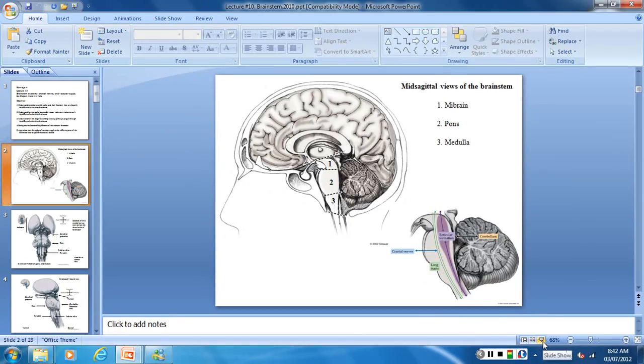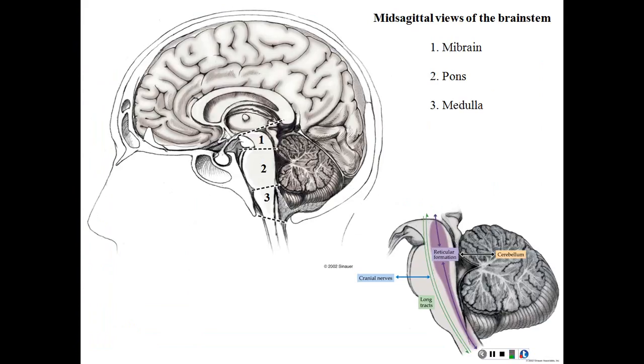The great thing about the brainstem that we're going to do, and this is kind of method to my madness for why I do my lectures this way, is that we talked about the brainstem generally. I've mentioned how the brainstem consists of the midbrain, the pons, and the medulla.